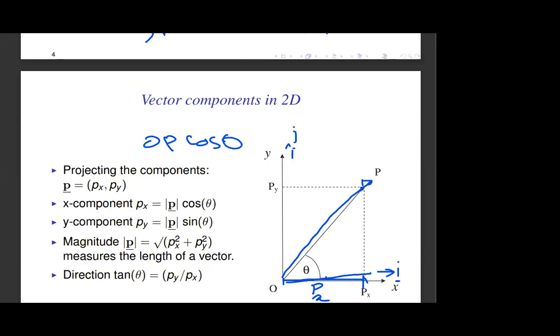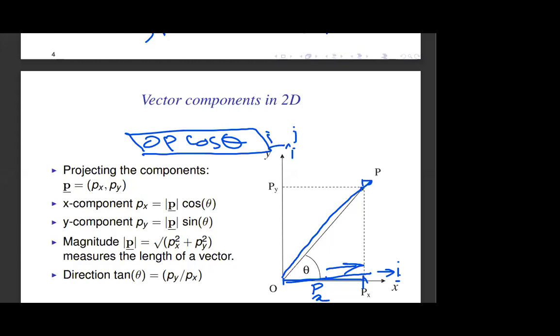This is a magnitude, and if you multiply this quantity with the unit vector along this axis, what do you get?